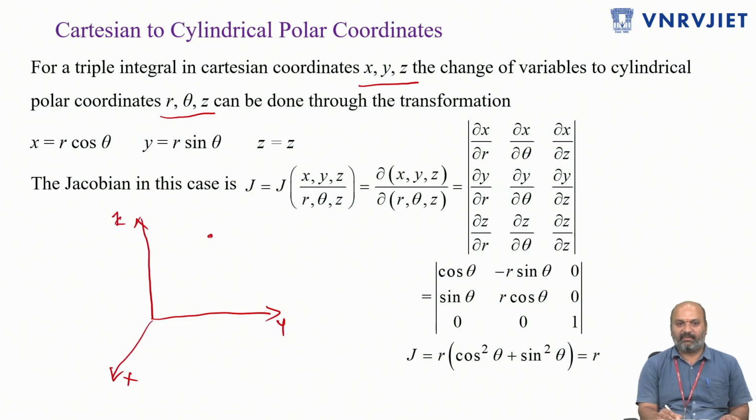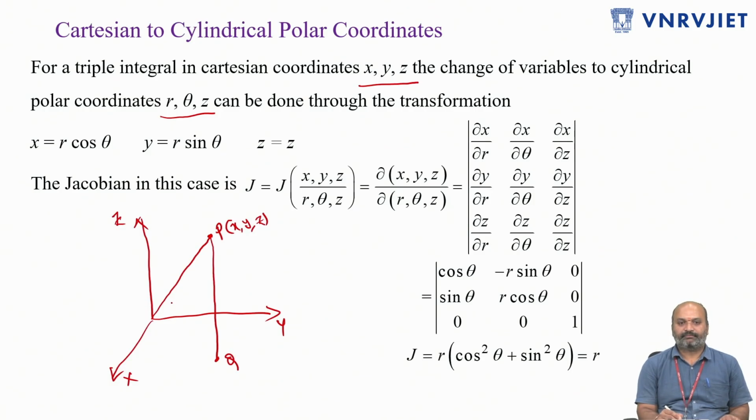Imagine a point in space, say P, with coordinates x, y, z in Cartesian coordinates. Consider its projection in the xy plane, somewhere here. Let us denote it with Q.